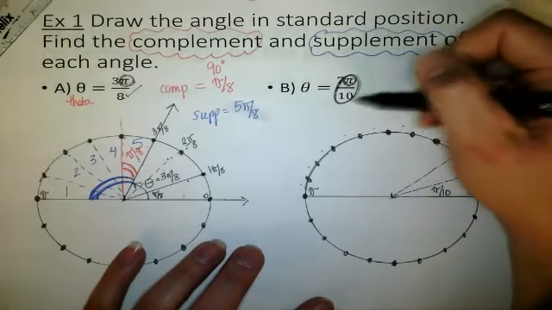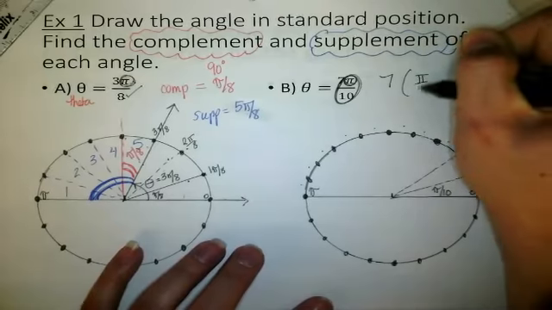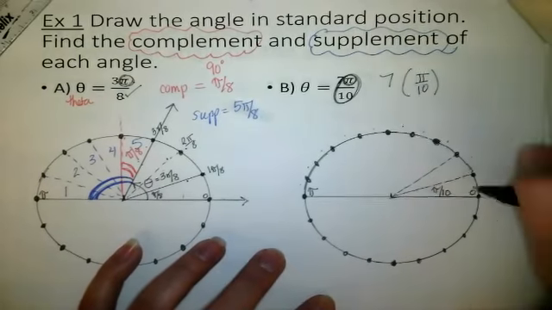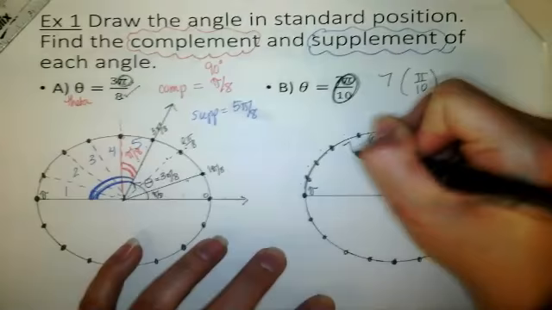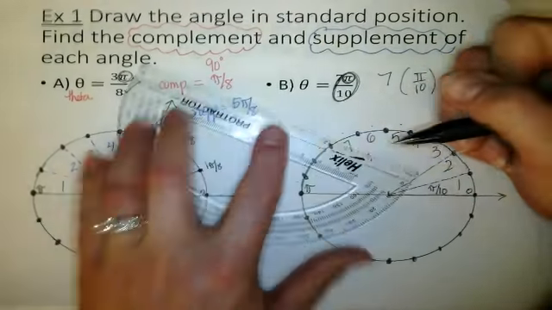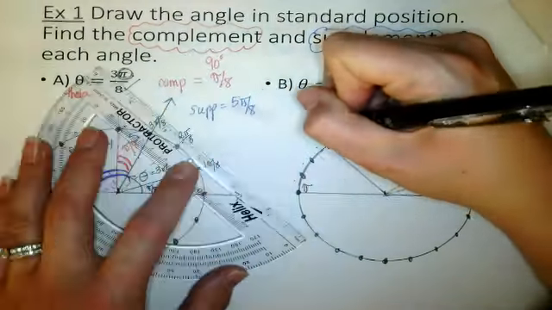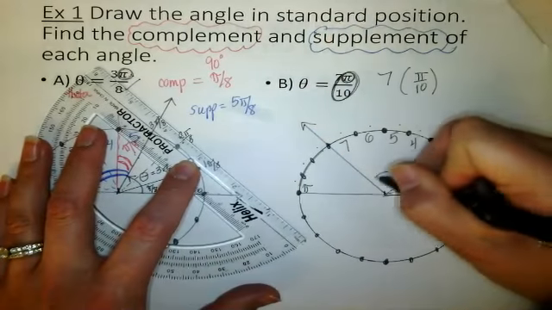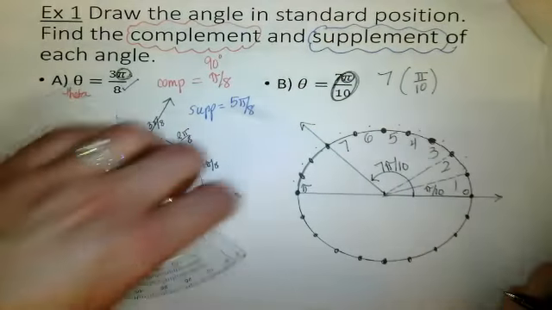How many of these pi's over 10 do I need? 7 pi's over 10. I'm going to count 1, 2, 3, 4, 5, 6, 7. There it is. This is 7 pi's over 10, our angle theta right there.